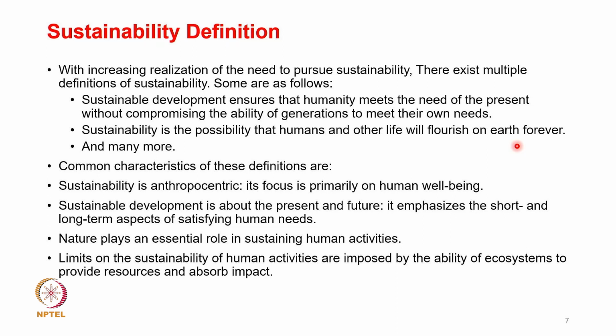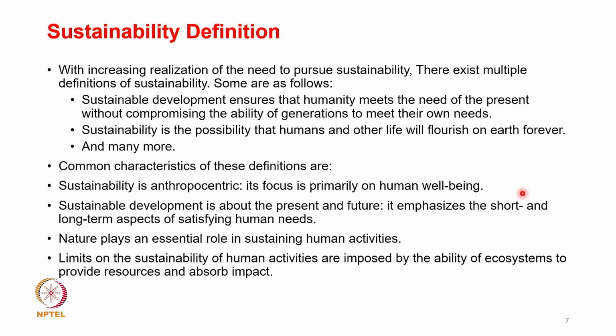And what is the common characteristic of all these definitions? One of the common characteristics is that sustainability is anthropocentric. It is primarily focused upon human well-being, in contrast to our misunderstanding that you are always looking at the natural resources.